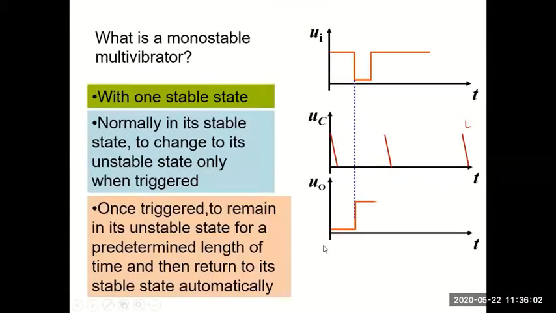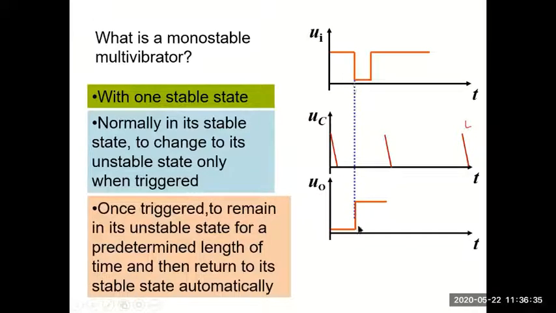So the same thing is explained in this diagram. Since I have already explained, I am showing you here. Monostable multivibrator is a circuit with one stable state. A monostable multivibrator has only one stable state, which is the zero state. You see here we've written V0 instead of U0. It is zero state.